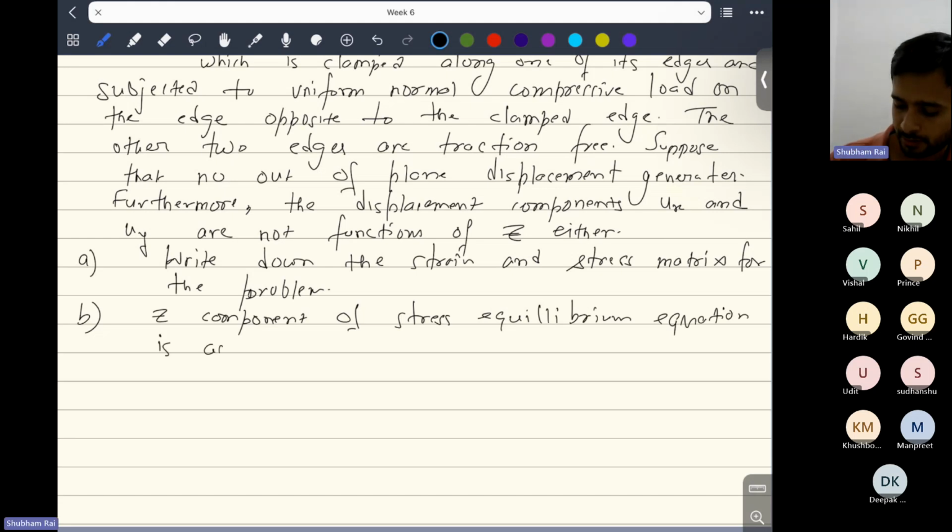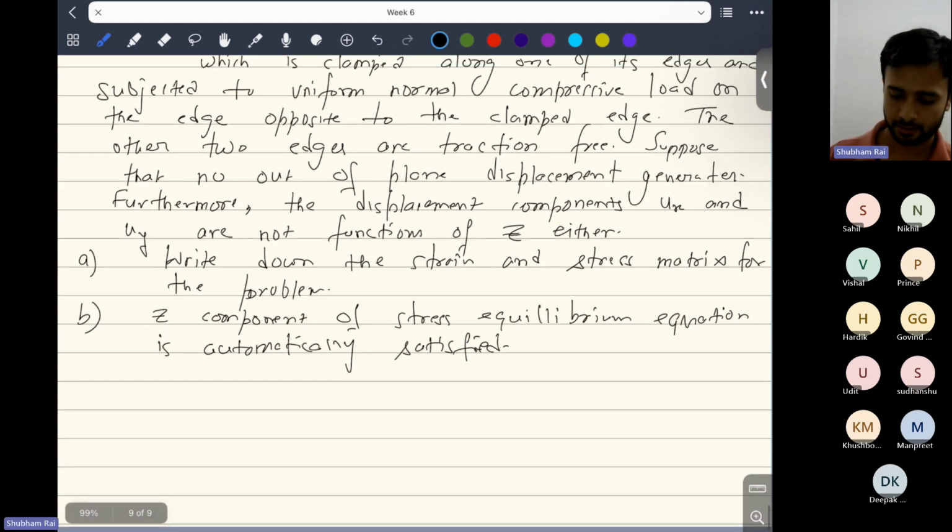And finally, you have to show what boundary conditions will be used to solve the deformation problem. You just have to show the boundary conditions. You don't have to solve.